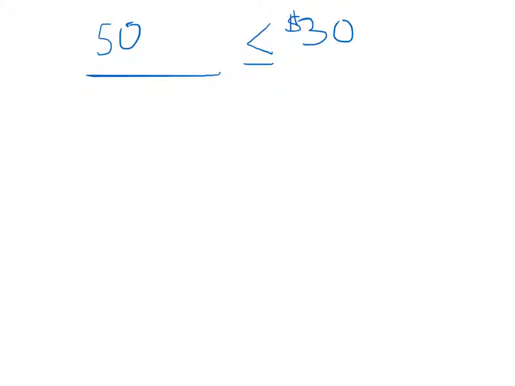So how much of a decrease here times x, 50 minus what percentage of 50 will be less than 30? Because you've got to pay less than 30. She won't pay anything more. It's going to be $30 or less. So we can do the math here.